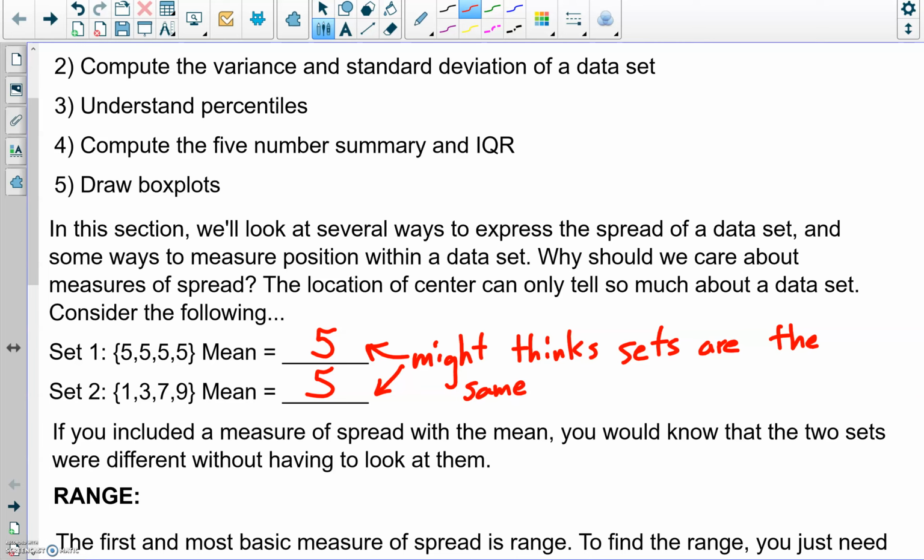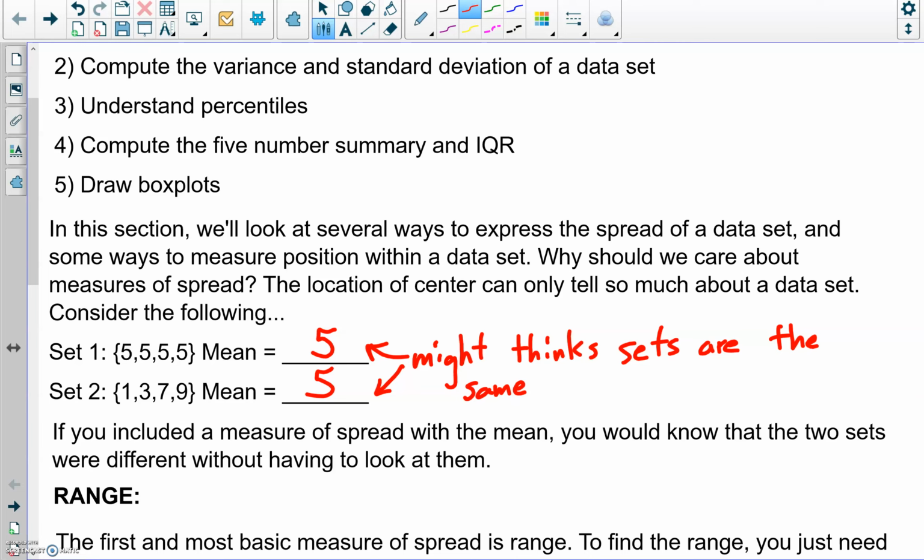If you look at that first set, there's really no spread at all. And we'll see the range here shortly. For that first set, it would just be 0. And then the second set, we'd say, oh, the range is going to end up being 8. So when you start looking at that, it's like, okay, they both have the same mean, but one has a range of 0, the other one has a range of 8.